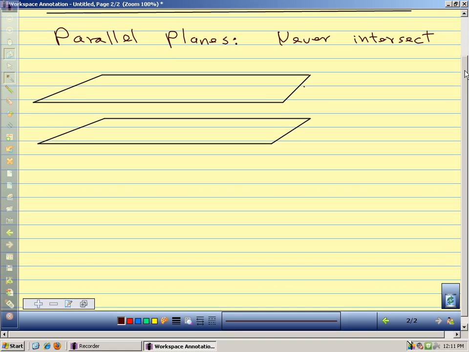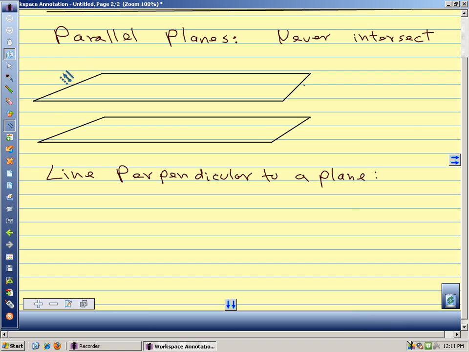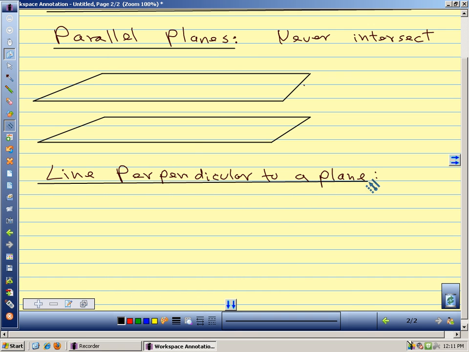So how about a line perpendicular to a plane? How would we figure out when a line is perpendicular to a plane?